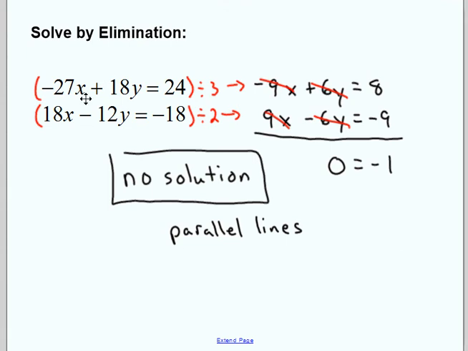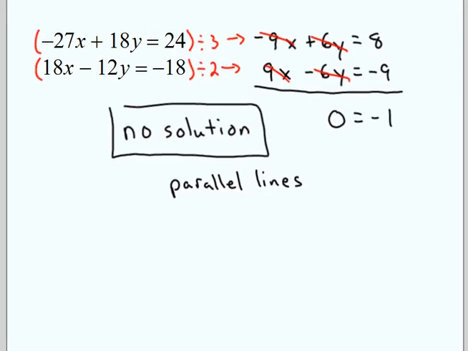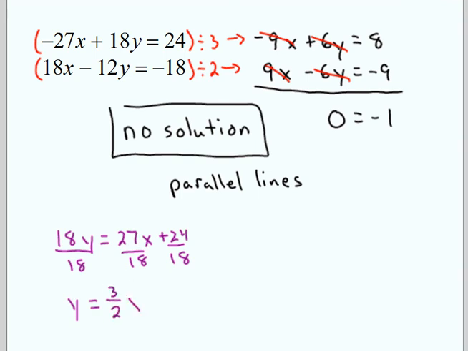Hey, if I was to solve both of these equations for y, watch what would happen. The top equation, I would take the negative 27x over. I get 18y equals 27x plus 24. I divide everything by 18. And I wind up with y equals 9 goes into 27 3 times, 18 twice, so 3/2 x.